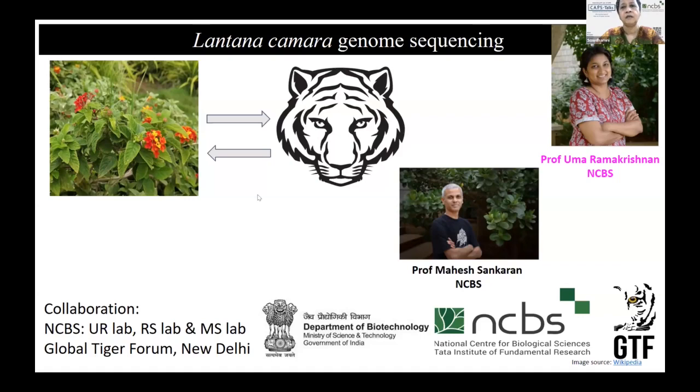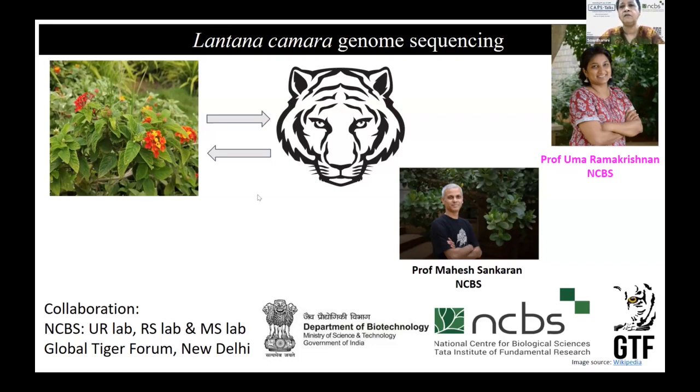For instance, they had been able to identify that the invasive nature of this particular plant compromises the immediate habitat of the tiger populations, and therefore they had a vested interest to understand what is behind the invasive nature of this plant.